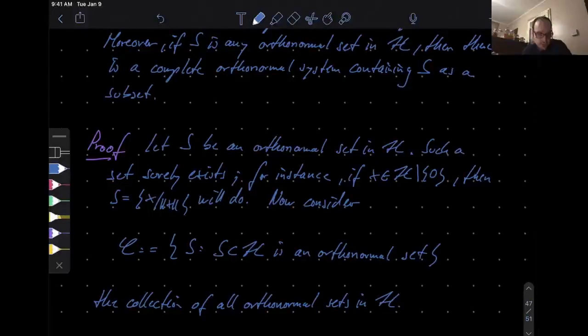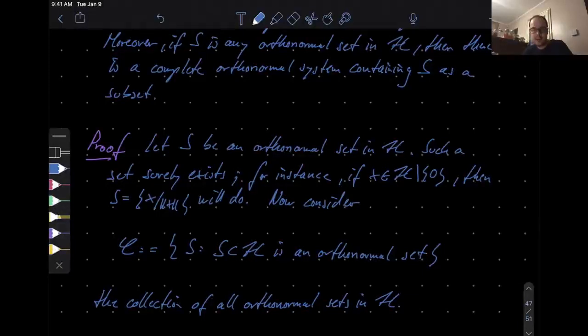Now what you have to do is introduce an order on that collection. As I said, you have to review what orders are. I will do it also at the beginning of the next video. But once you can introduce an order on that, you can order these sets. Remember, on the real line you have a natural order: one element is less than or equal to the other if something happens.